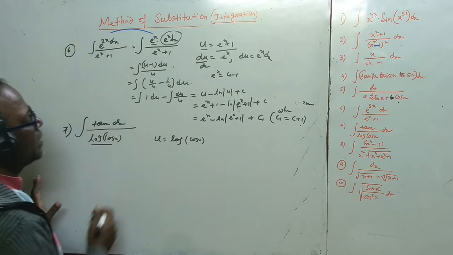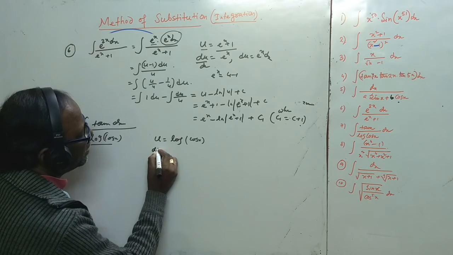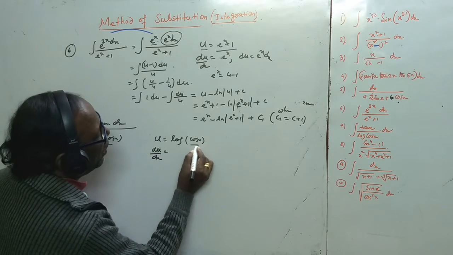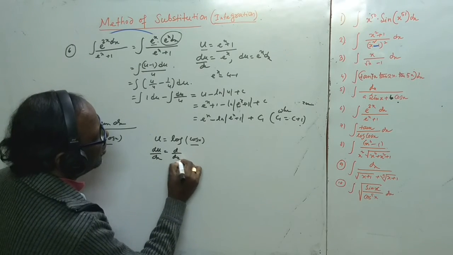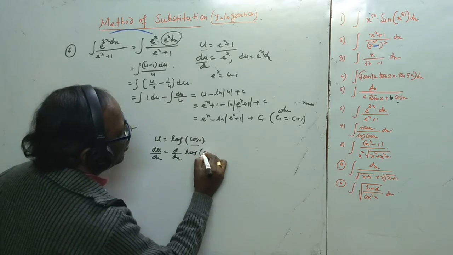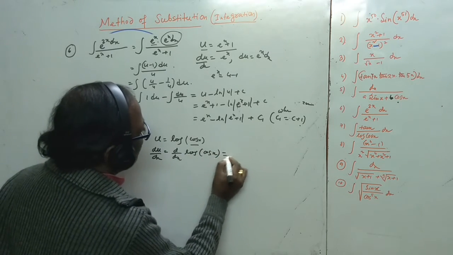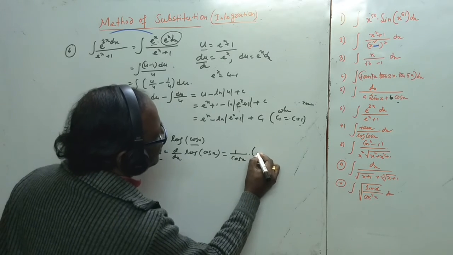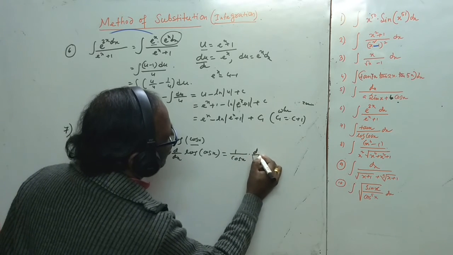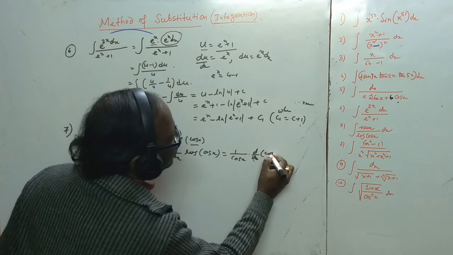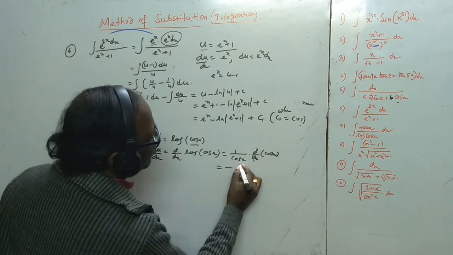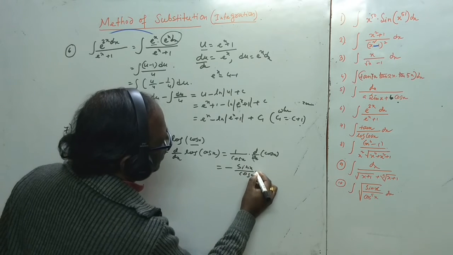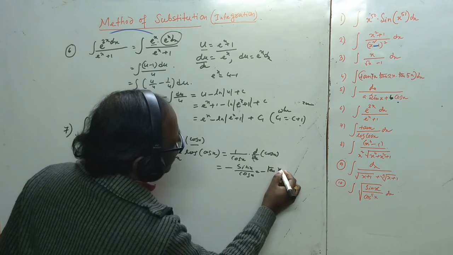That's why differentiate this here, du by dx, of log of cos x. Log of cos x means 1 by cos x, and the derivative of cos x is minus sin x, so minus sin x by cos x. So you get the tan.